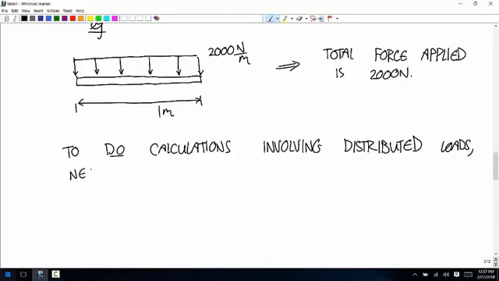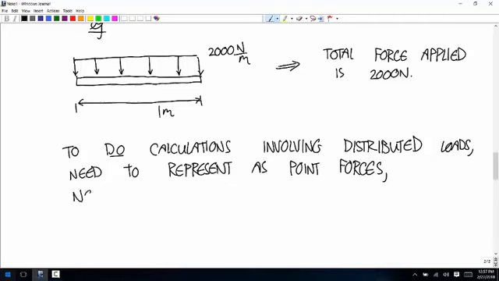There are two pieces of information we need.